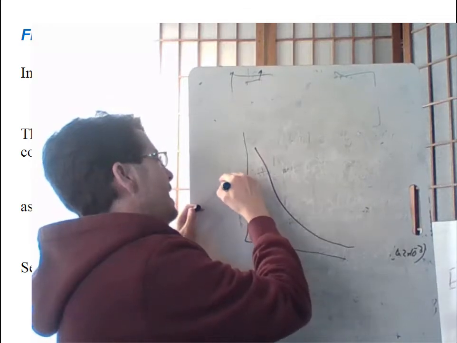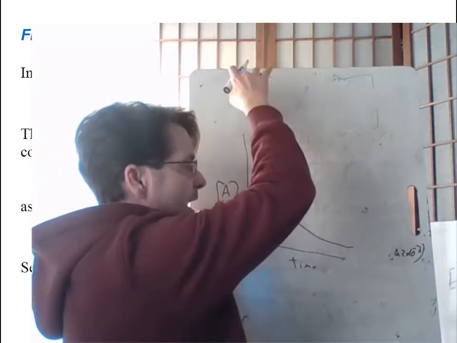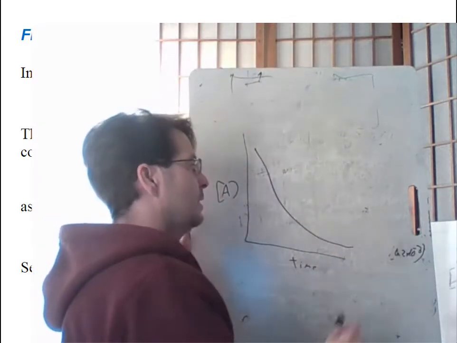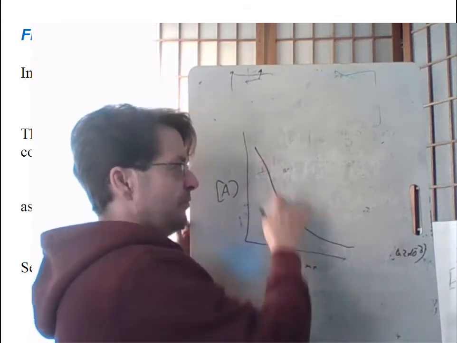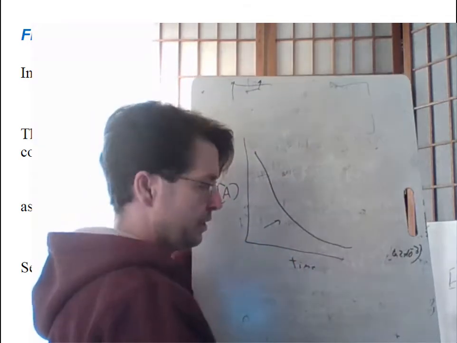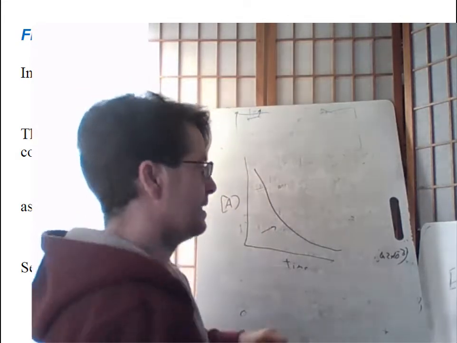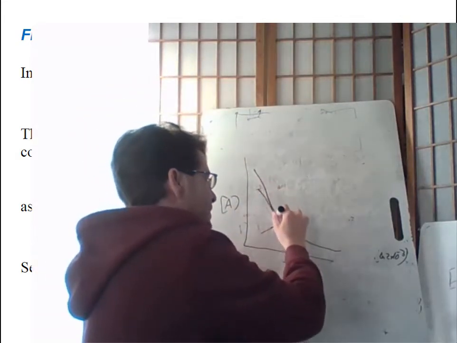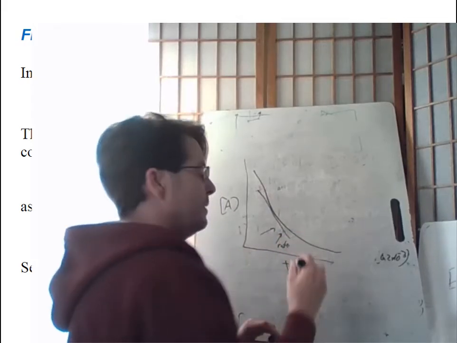So the amount of A as a function of time: the reaction starts fast, goes slow, slow, slow, slow, slow. There's a formula for this line. It follows a regular progression. And the regularity of that allows us to take the slope of that line, that's our rate, at any given moment.